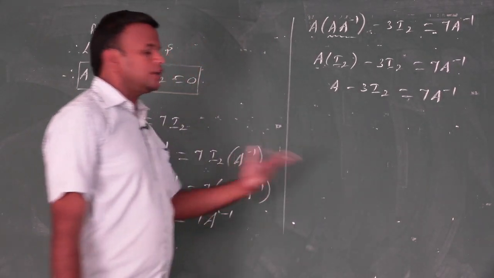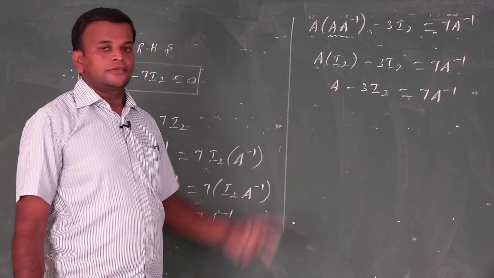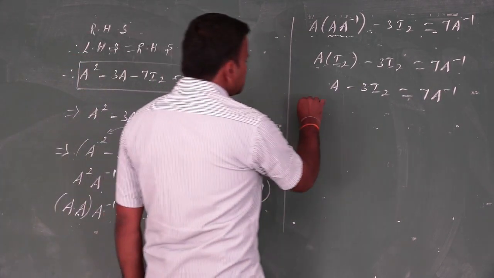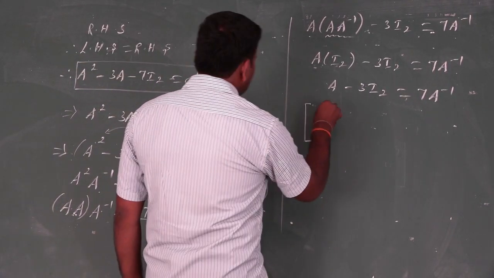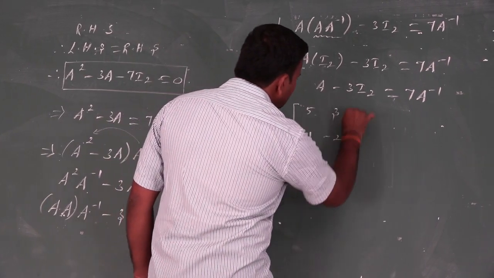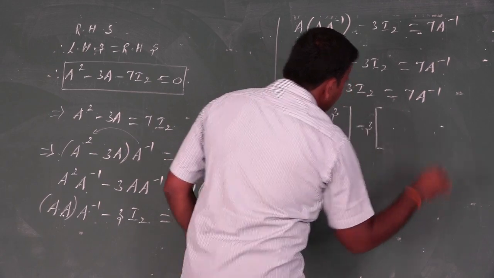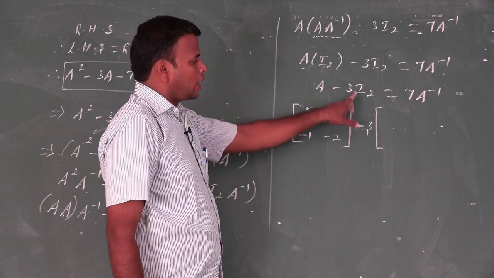7 into A inverse. Now we write the value of the matrix A. So the value of the matrix A is 5, 3, minus 1, minus 2, minus 3 of I2.